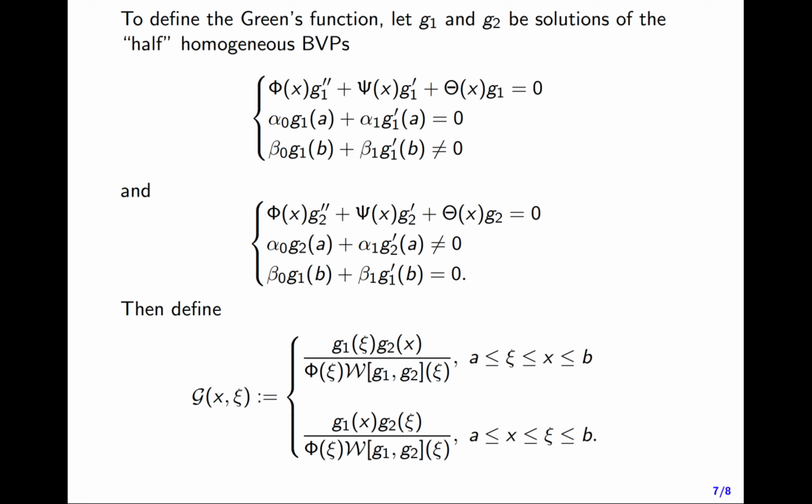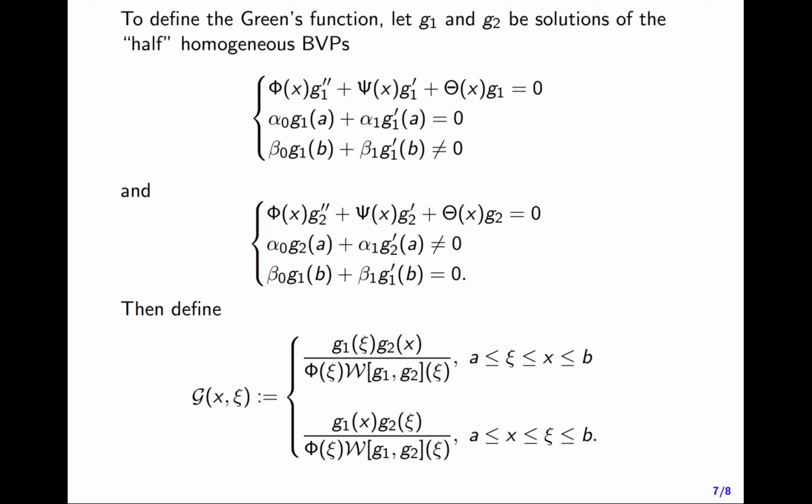So let's parse through g of x and c carefully. It'll be one of two things, depending on whether c is less than or equal to x, or x is less than or equal to c. And when x and c are equal, we will get the same thing. So first suppose that c is less than or equal to x.